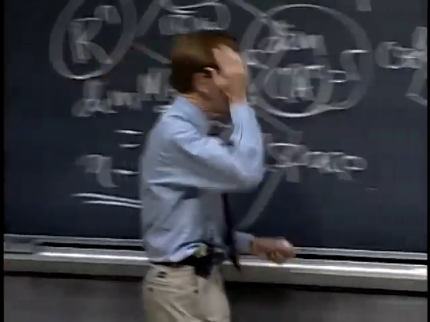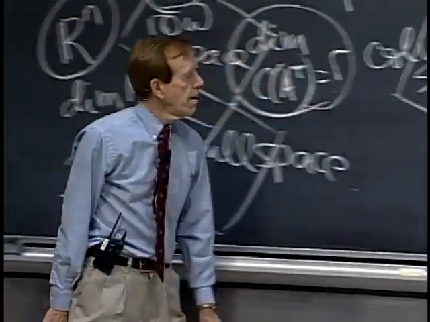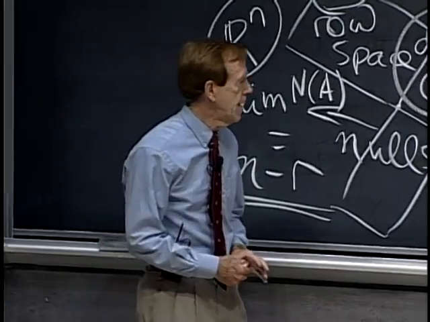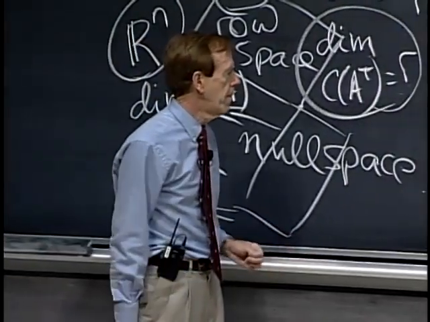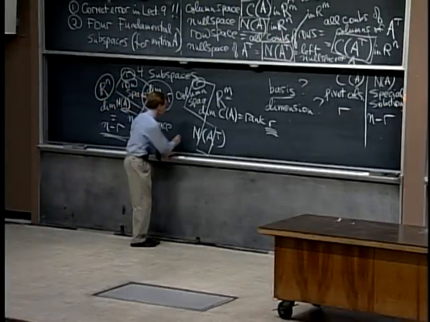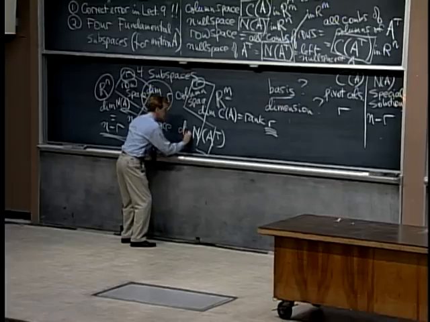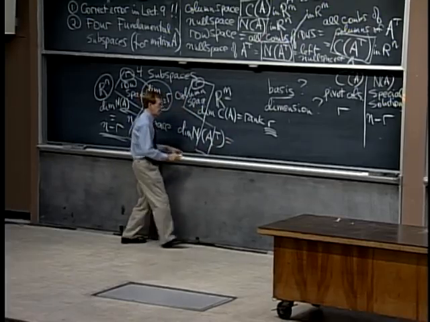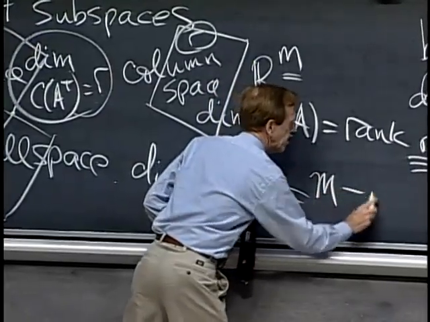Okay, and now what's the dimension of this poor misbegotten fourth subspace? It's got to be m minus r. The dimension of this left null space, left out practically, is m minus r.